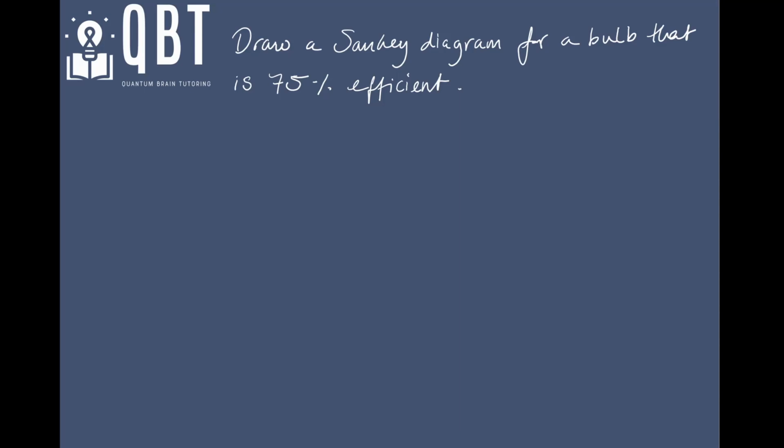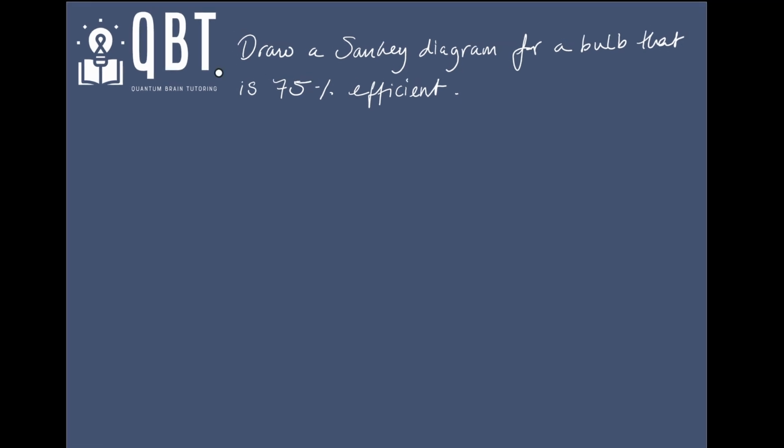Okay, let's see if we can use our knowledge to answer this question about Sankey diagrams. Sankey diagrams are just a way of representing energy input and energy output in terms of energy that's useful and energy that isn't.